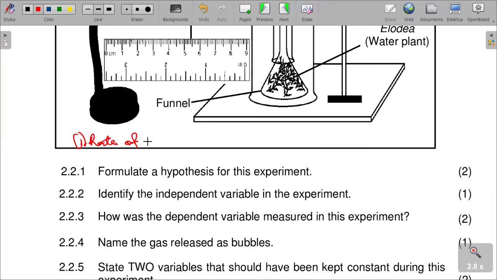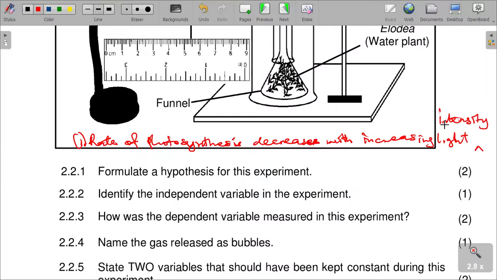The rate of photosynthesis decreases with increasing light intensity.